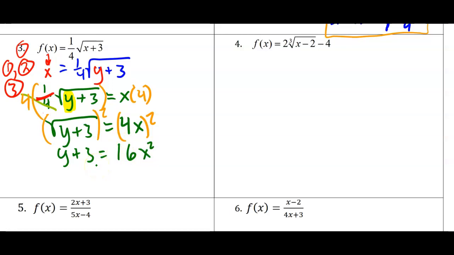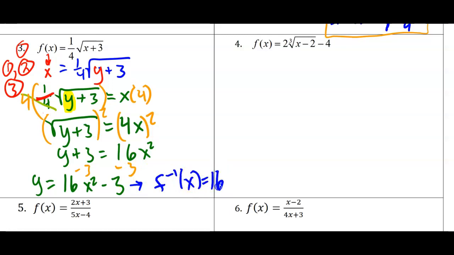And then the last thing I'm going to do is subtract the 3. And my last equation is y equals 16x squared minus 3. All right, and then last step, write it as an inverse. F inverse of x equals 16x squared minus 3.